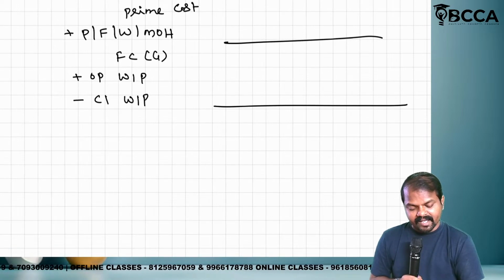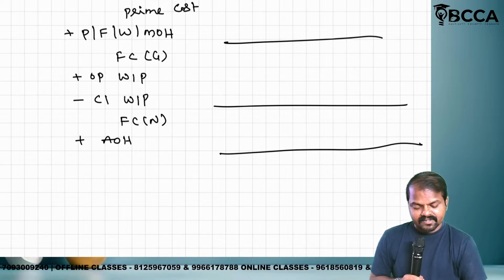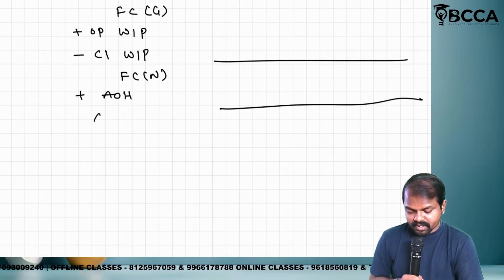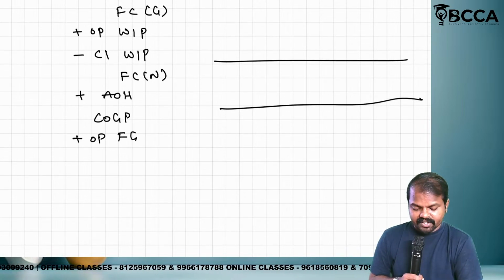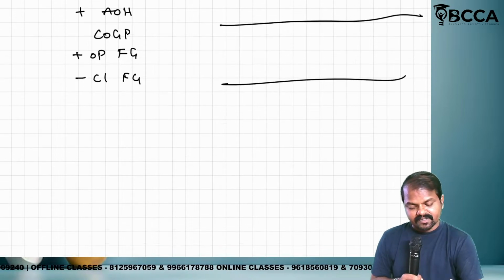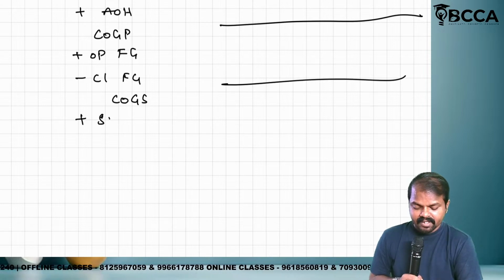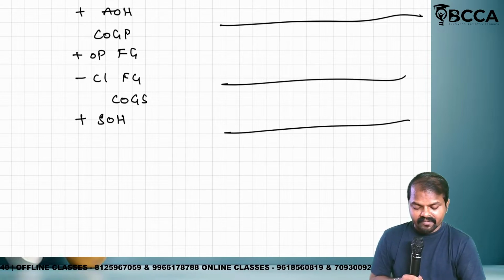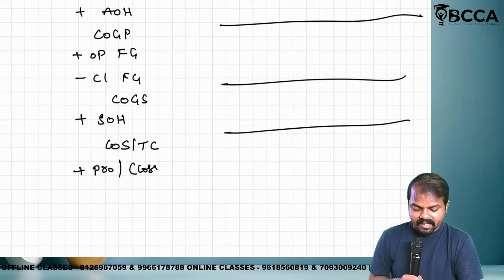The result is factory cost net, plus administration overhead. The result is cost of goods produced, plus opening stock of finished goods minus closing stock of finished goods. The result is cost of goods sold, plus selling overhead. The result is cost of sales, or total cost, plus profit minus loss.